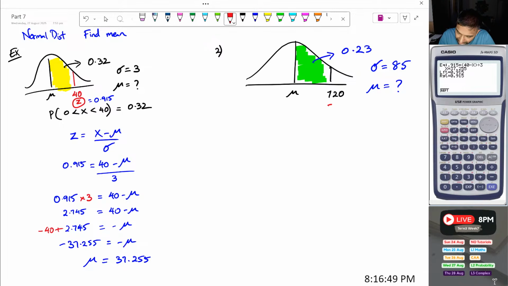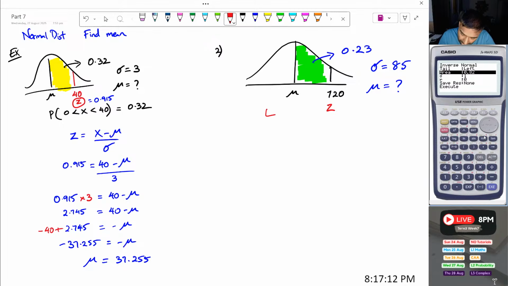To find the Z value, I'm going to use the calculator first because I know it's nice and simple. If you don't have a calculator, like I said, you've got to use the tables, which is a little bit longer but still works. So go into distributions, go to normal, go to inverse, and I'm going to go with the left tail, which is going to be 0.73.